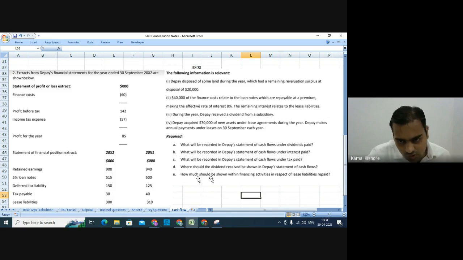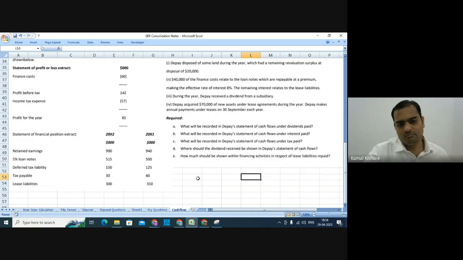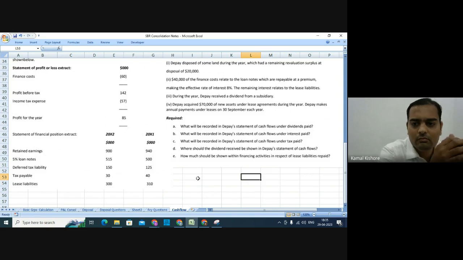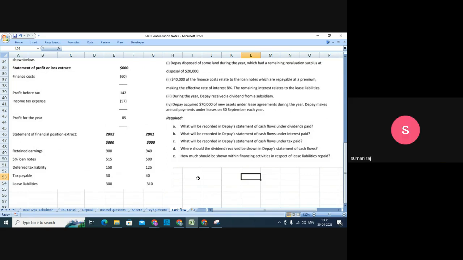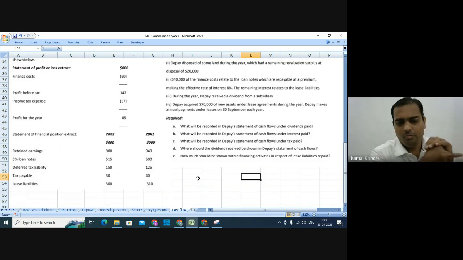How much should be shown within financing activities in respect of lease liabilities repaid? How much is the interest? 20,000, right?